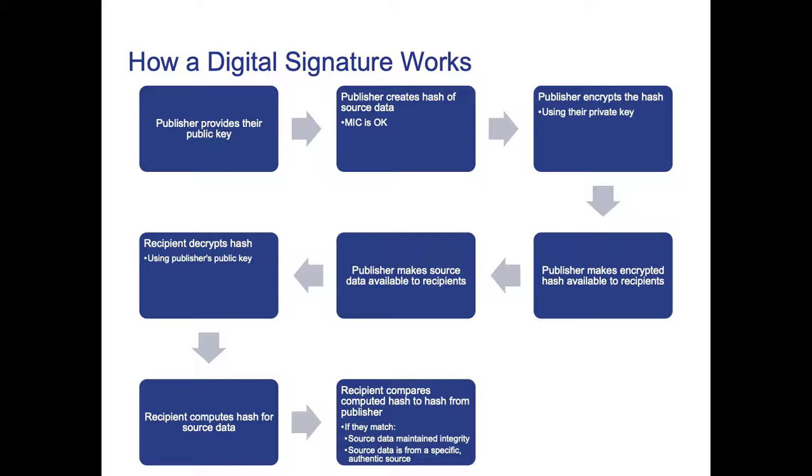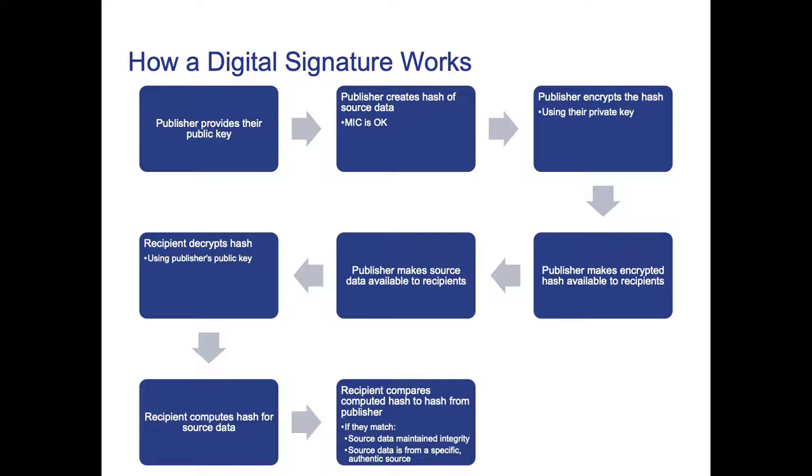But we don't want to go through the headache of trying to share a secret key with every person who could possibly download our program. If we really want the program to be available to the public, then there's no practical way that we can use a shared key for this.